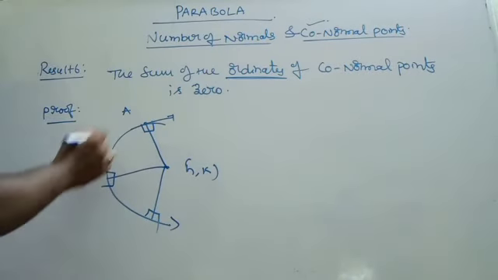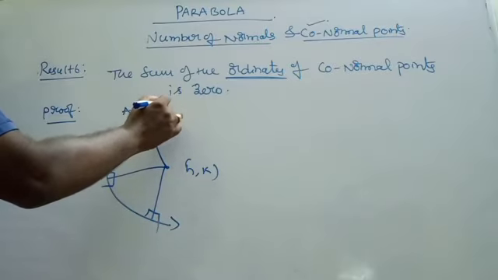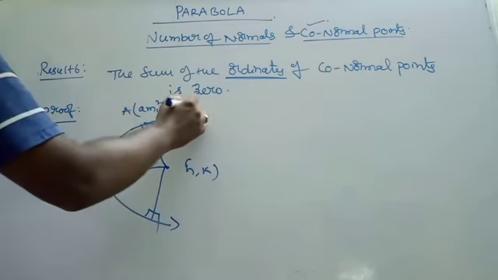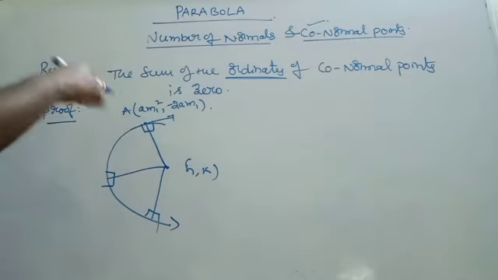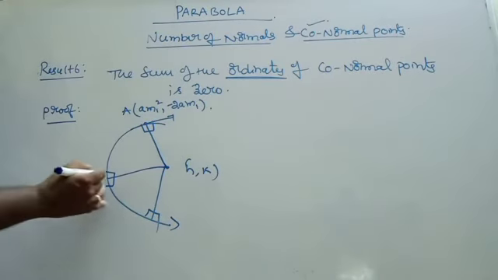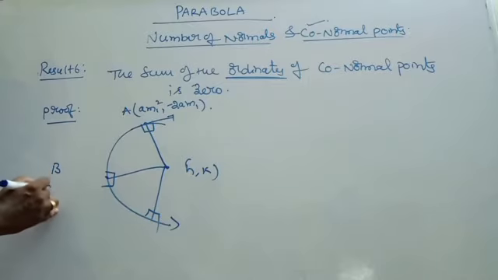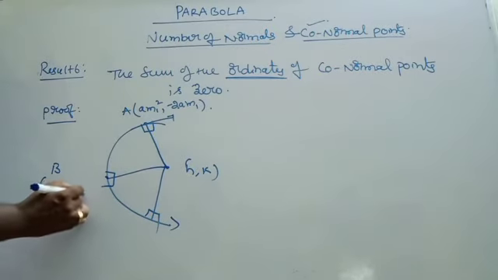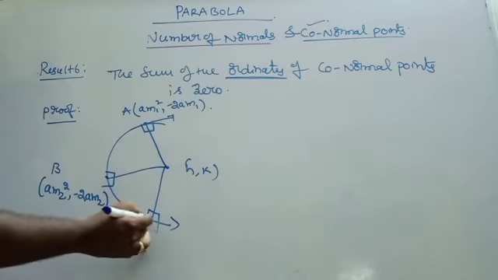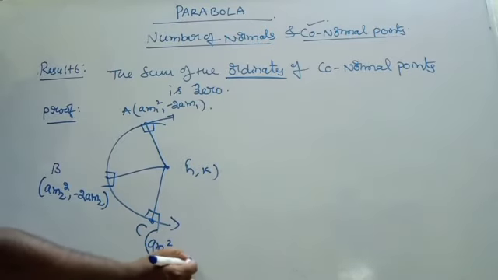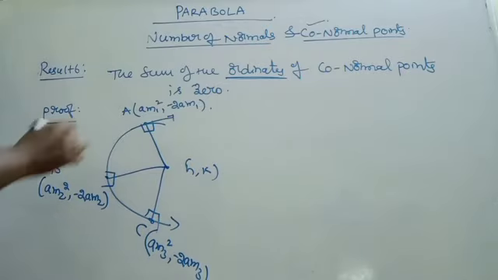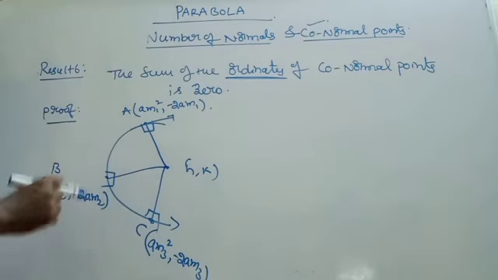If you take this as A, that is (a m1 square, minus 2a m1), these are the coordinates of this point, because we already derived how to get the point of contact. B is nothing but (a m2 square, minus 2a m2), and C is nothing but (a m3 square, minus 2a m3). These are the three feet of the normals.